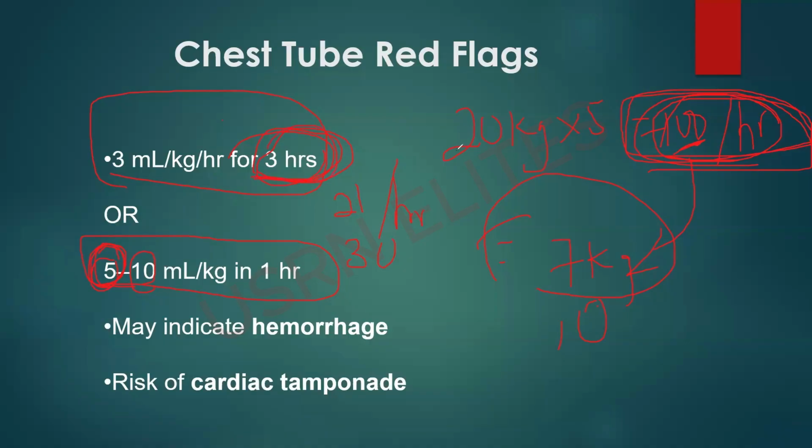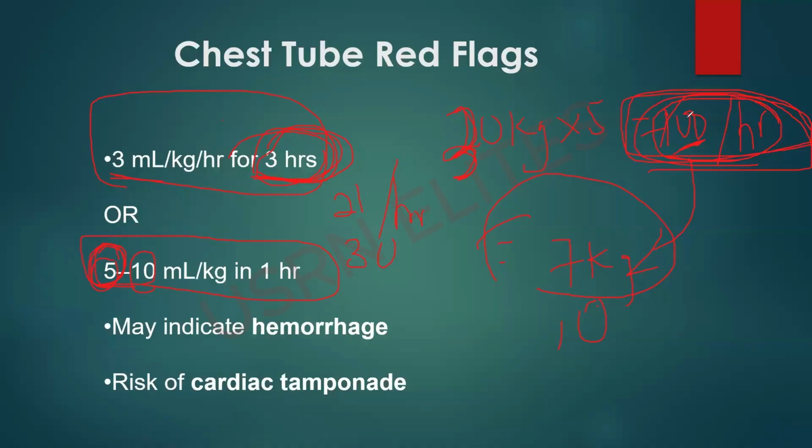But let me use an even higher weight in the pediatric population, maybe 30 kg. When you multiply it with this one, or let me say 35, you get more than 100.